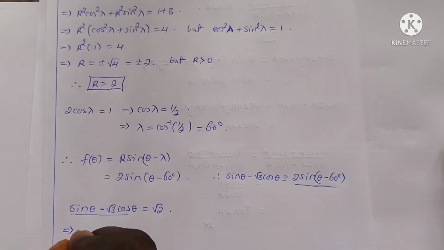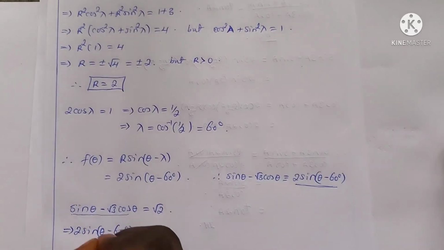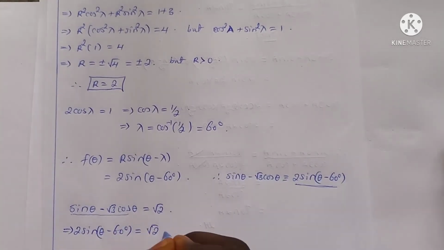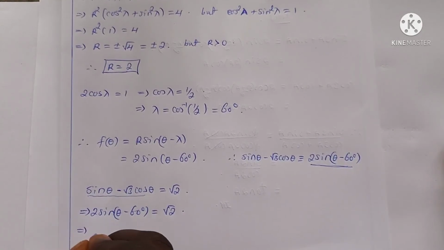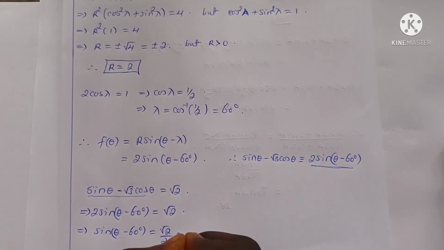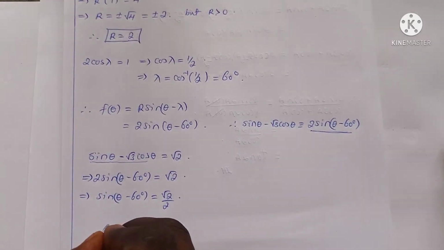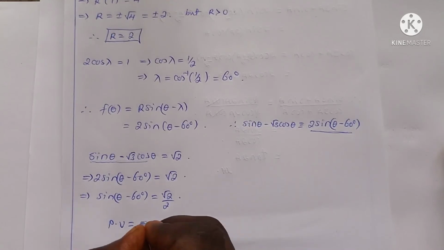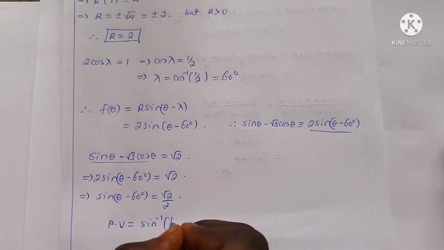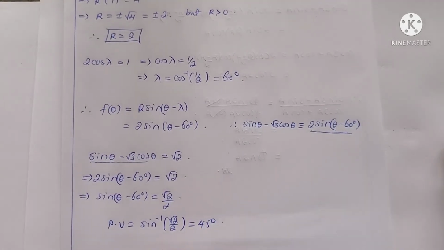So 2 sine theta minus 60 degrees is equal to root 2. This implies that the sine of theta minus 60 degrees is equal to root 2 on 2. Our principal value, or first solution, is obtained by taking the sine inverse of root 2 on 2, which is equal to 45 degrees.